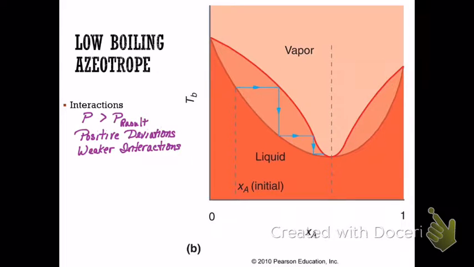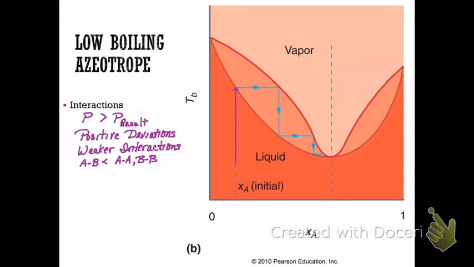And remember again, this corresponds to weaker interactions, where the AB interactions are weaker than the interactions of the individual solute and solvent or pure liquids at this point. So since we've got greater vapor pressure, then we're going to note that the boiling point is lower for this azeotrope than is the case for either of the pure substances.